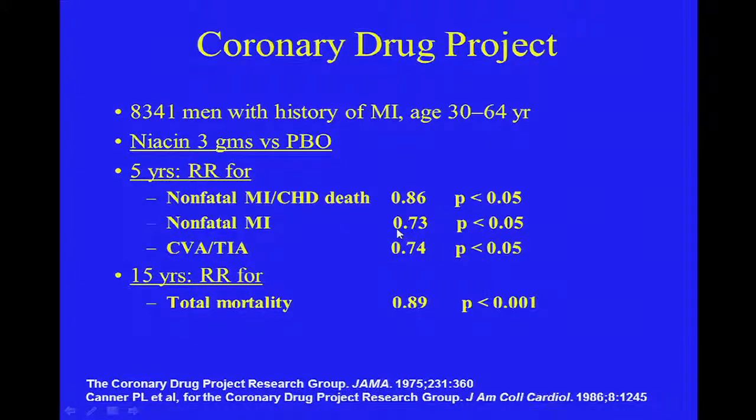Non-fatal MI was a 27% reduction, and strokes even went down 26%. After 15 years in a long-term follow-up, they even got mortality benefits. You never can forget this trial when you ask whether adding it makes a difference. We know by itself it makes a difference. And the question is then, why, when you're giving it with a statin, don't you get any benefit?